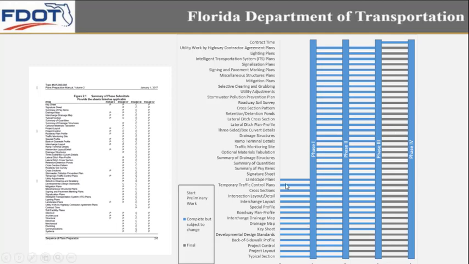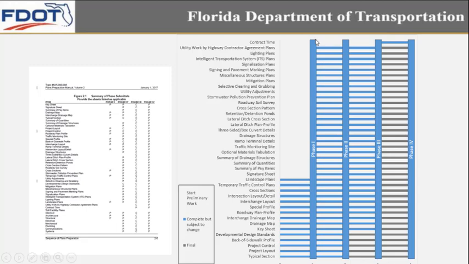These are all the inputs that typically start at the initiation of a project. And the elements that should be complete by phase 2 are typically your back of sidewalk profiles, your project control, your project layout, and your typical section.